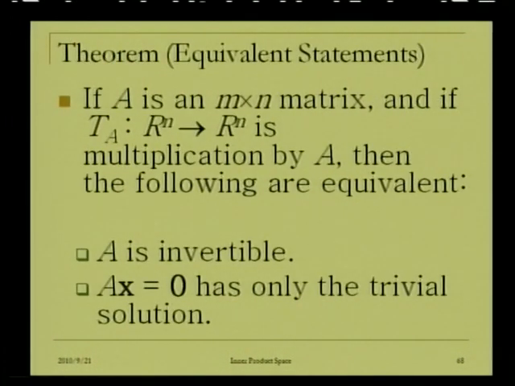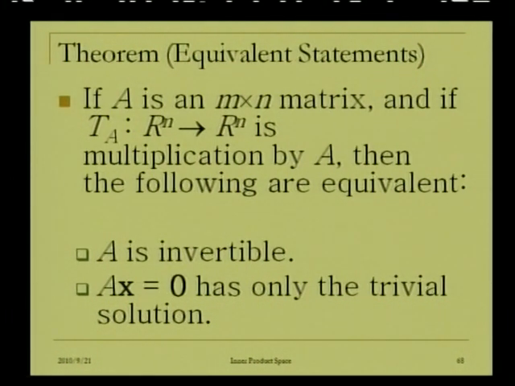Next is also a theorem, equivalent statements. There are many statements here, but you need to note them down if possible, because these are very important and this is the conclusion of all the results till now.